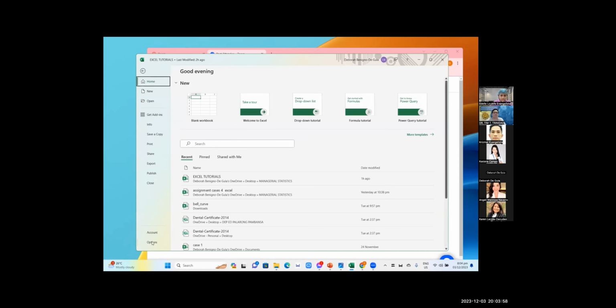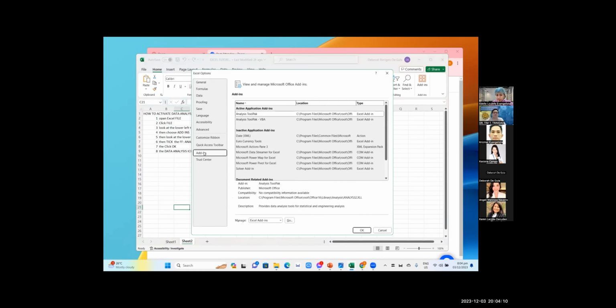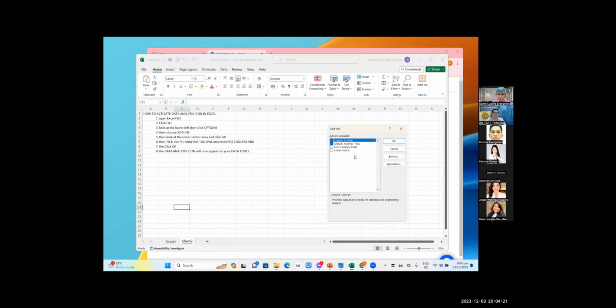You have the options, and with the options, you click the add-ins in your lower left. And then go to the center. Ito po, merong go. You will click go, and then you will pick the analysis toolpak and the analysis toolpak VBA, and then click OK.